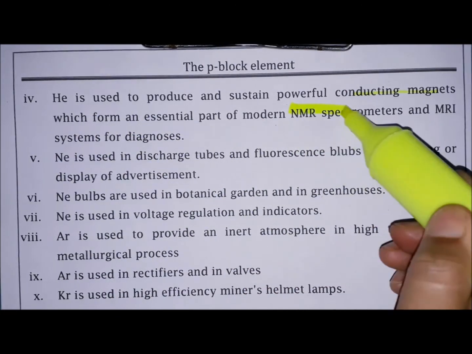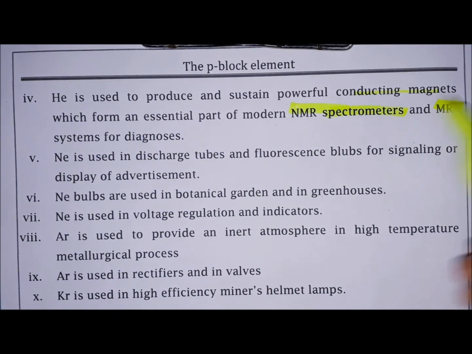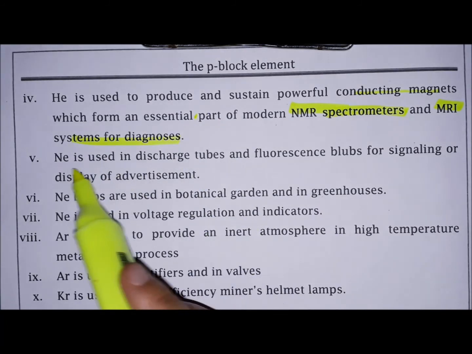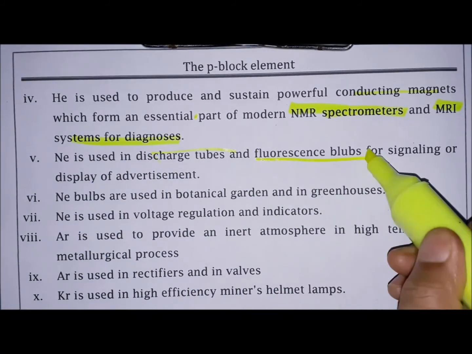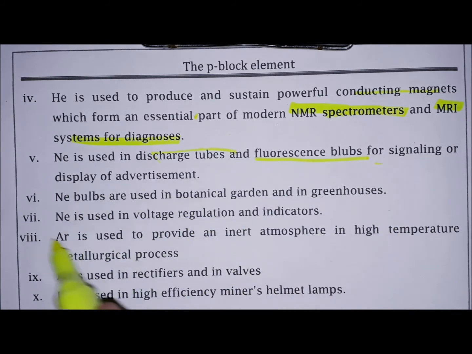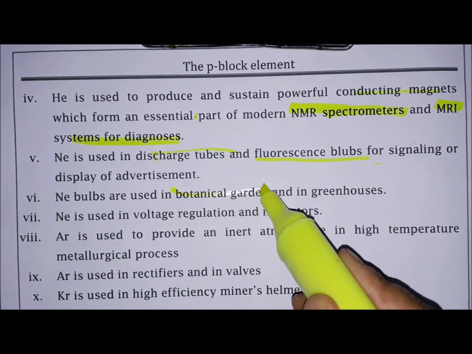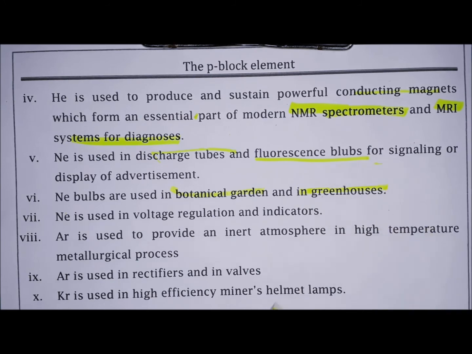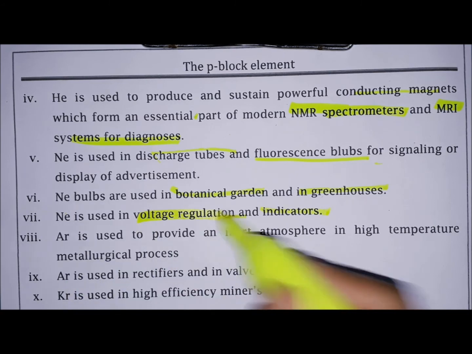Neon is used in discharge tubes, fluorescent tubes and bulbs for signaling or display of advertisements, and neon bulbs are used in botanical garden greenhouses. Neon is used in voltage regulation and as indicators.